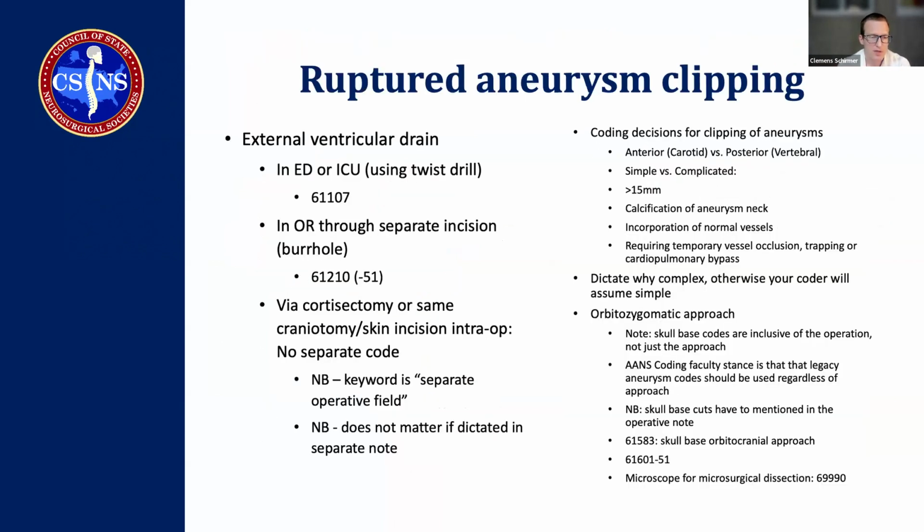If you now go and clip an aneurysm, I know that still exists, then you have choices, along the lines of what I outlined before. Do you do, for example, your EVD in the OR, in which case you might want to use a burr hole through a separate incision? That would be 61210 with a 51 modifier to essentially unbundle, or say specifically that this is a separate operative field.